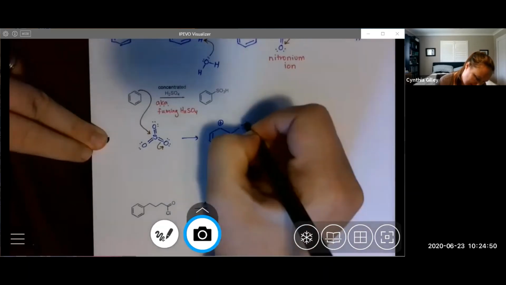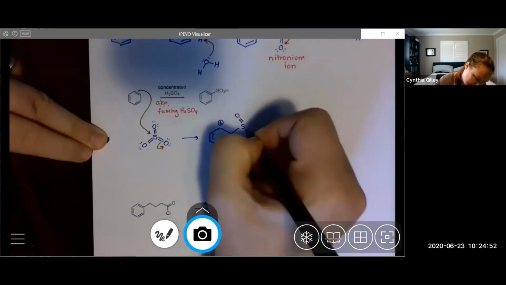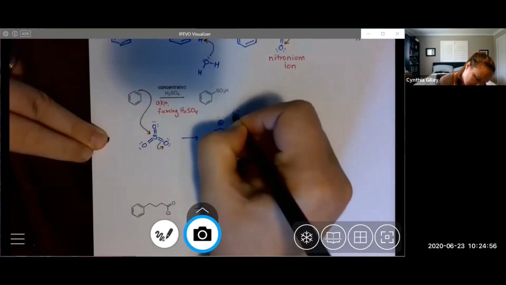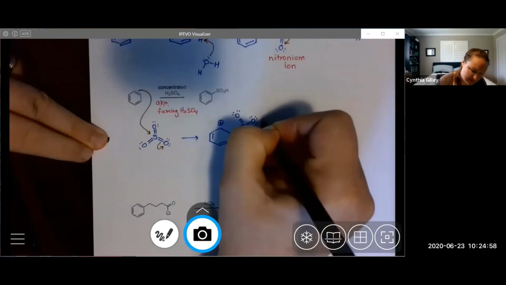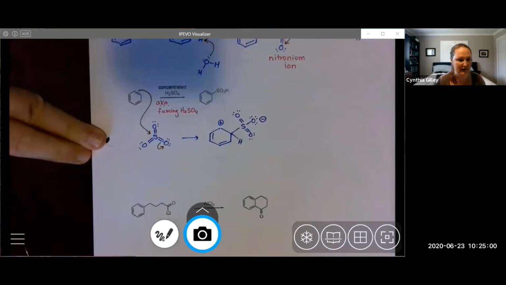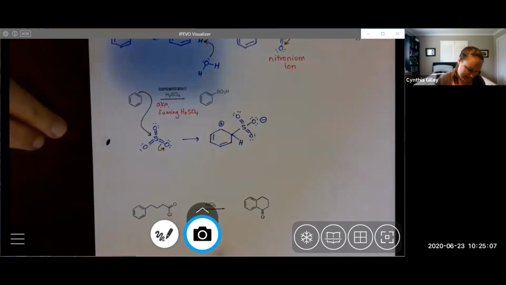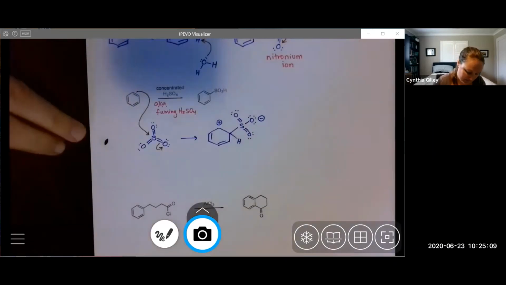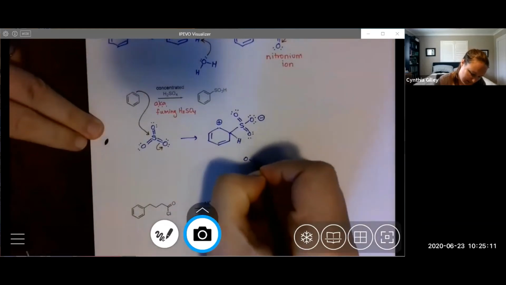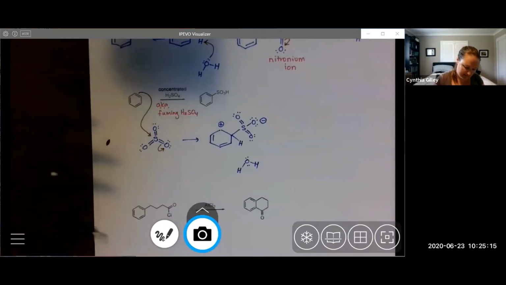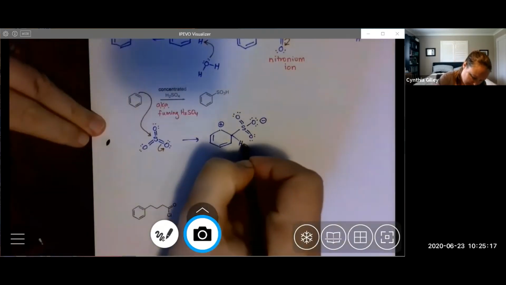And then what we have is drawn out, and later I'll not draw it out. That's what this would look like initially after the nucleophilic attack. And then, because it's this acid solution, there's definitely some water there. So we'll do a fast proton transfer.